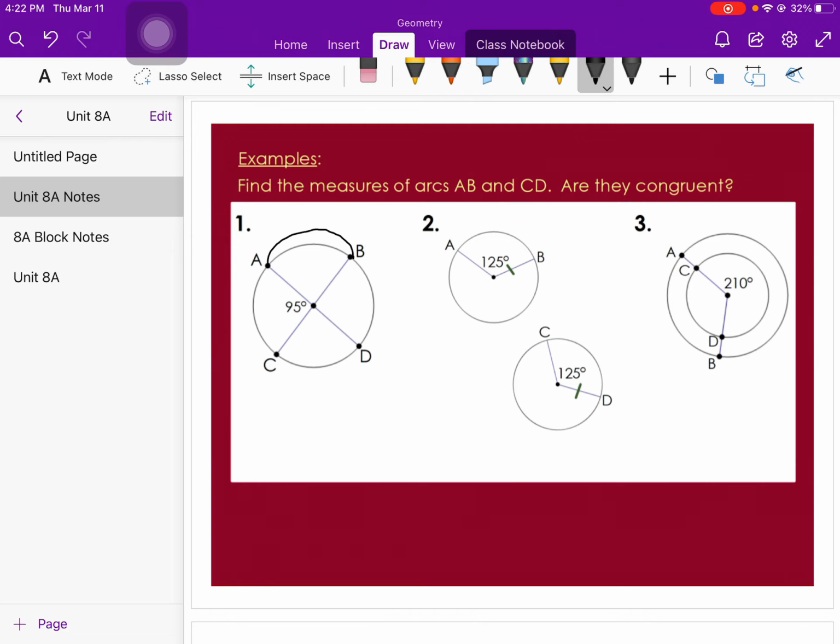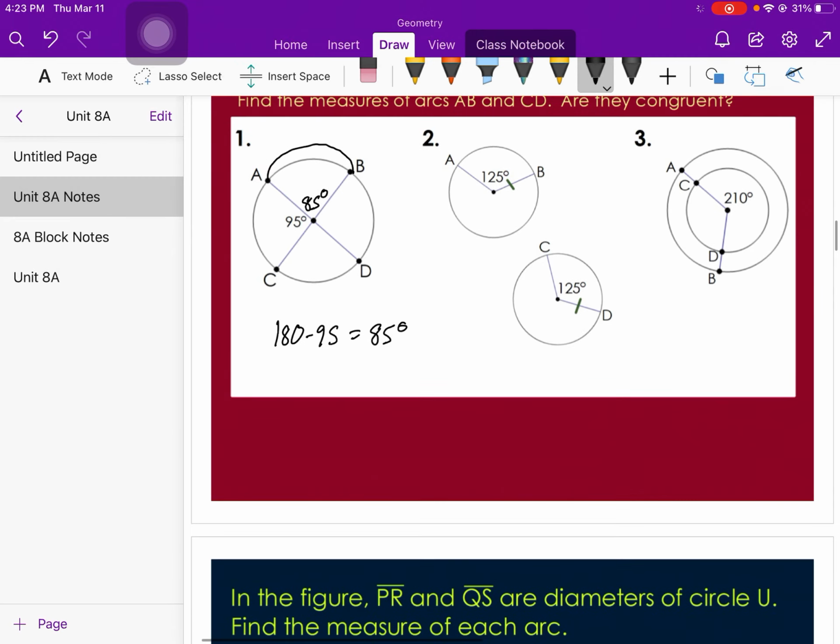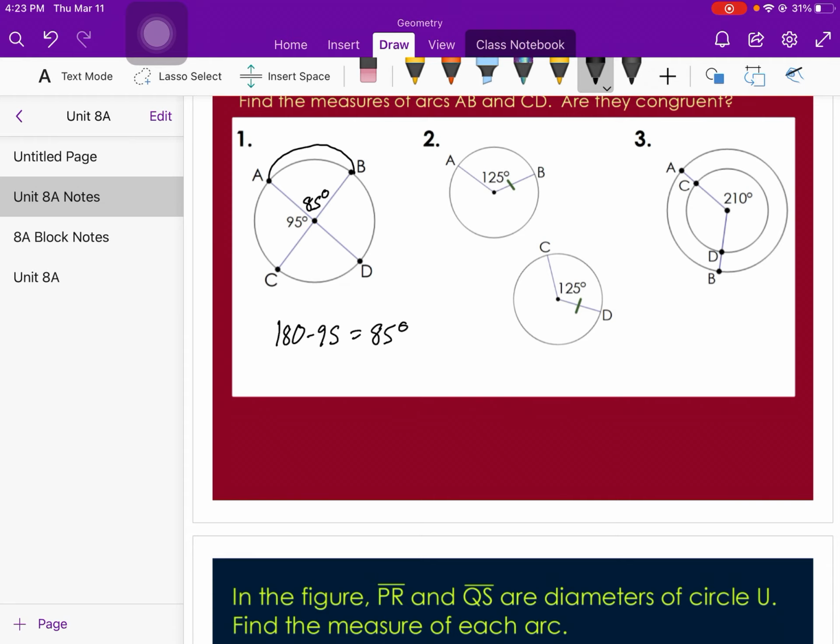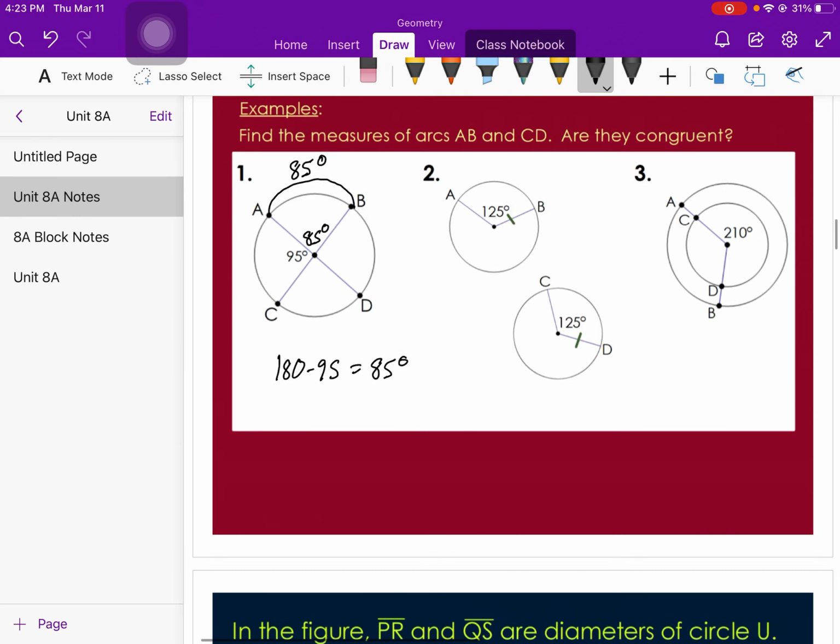Since these form a straight line, we're going to take 180, subtract 95, giving us 85 degrees. So this angle here is 85 degrees, therefore arc AB is 85 degrees, because that's what the angle measure is.